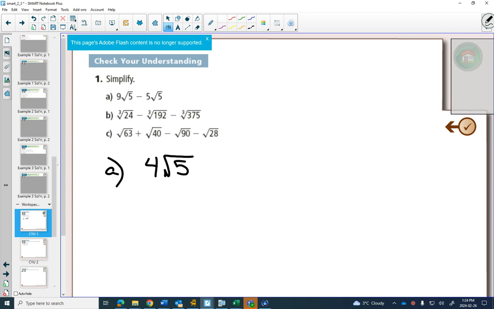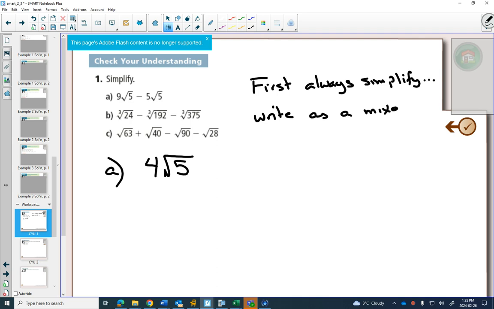The first thing we're going to have to do is simplify. And for a radical, this means that we need to write it as a mixed radical.